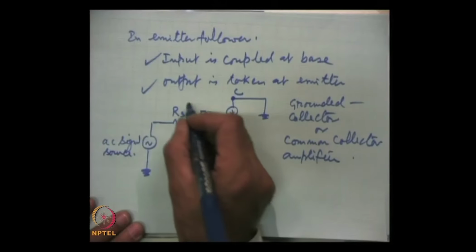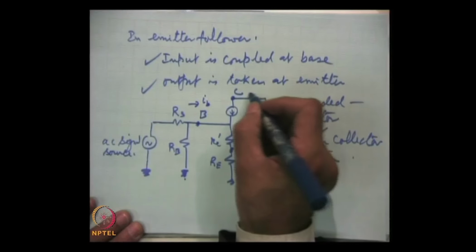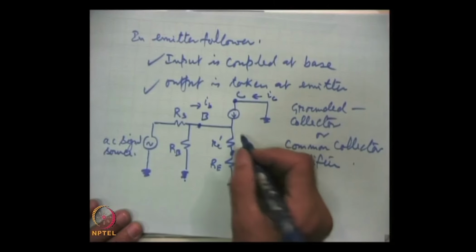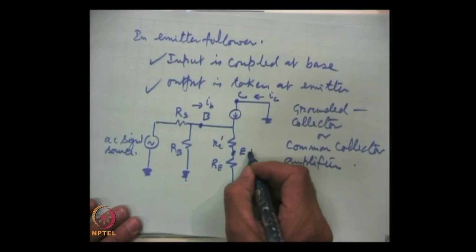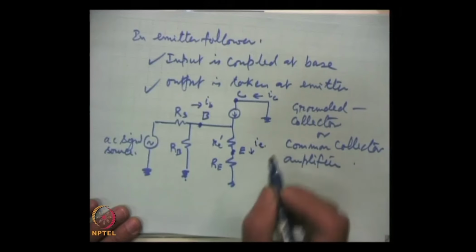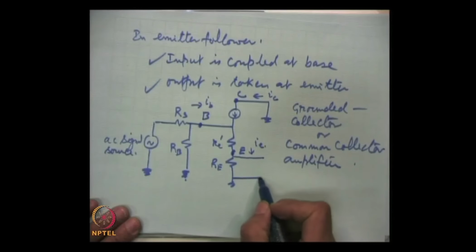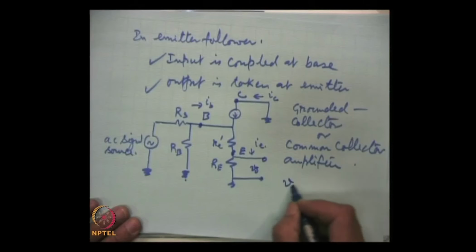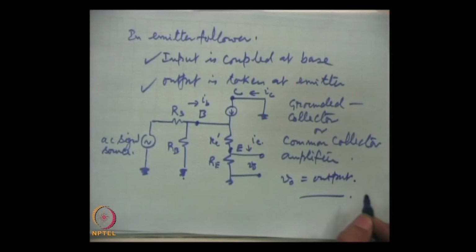Now, here the current IB is flowing, this is IC, and here this is IE. And we are taking output here. V 0 is output.